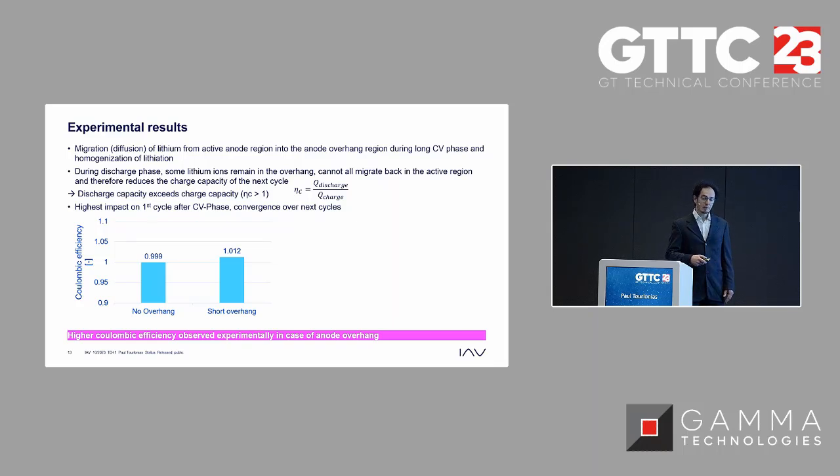And what occurs during the discharge is that part of the lithium ions that was remaining in the overhang regions migrate back to the active region, so in the negative electrode, and therefore that reduces the charge capacity for the next cycle.